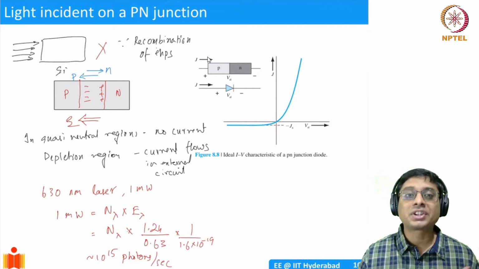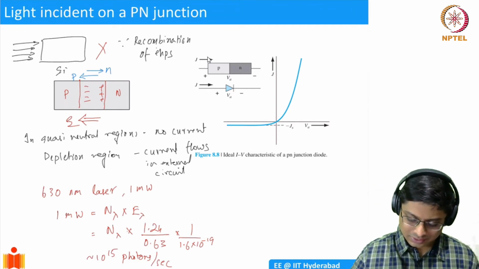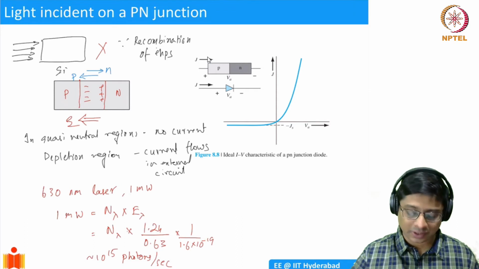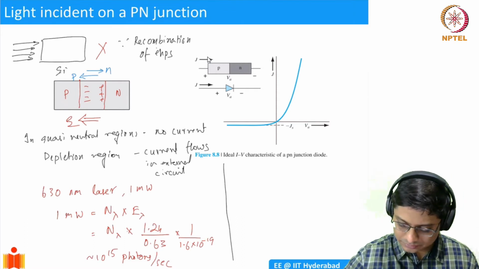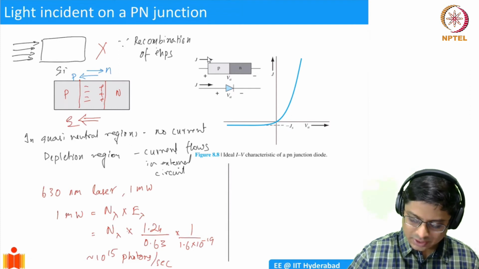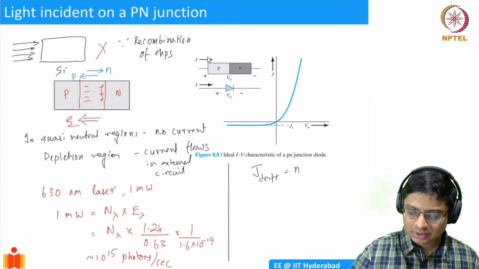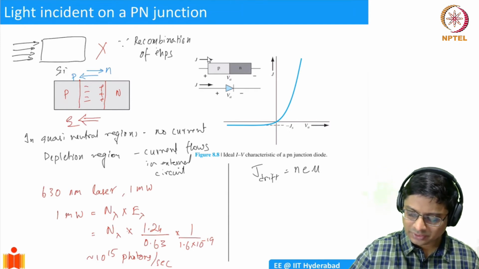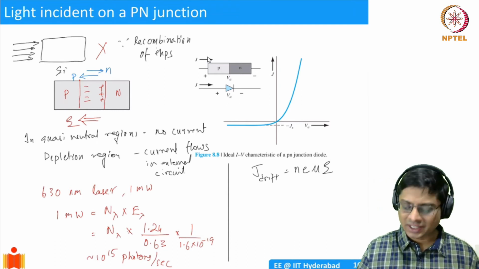So how much current is generated? Well, to calculate the current, we know that there's an electric field and that is going to cause drift of these carriers. Electron hole pairs are generated and they will drift across the depletion region. So the current J drift is going to be N times q times mu times the electric field, right? If you know the electric field and the mobility of the carriers, you can compute it.